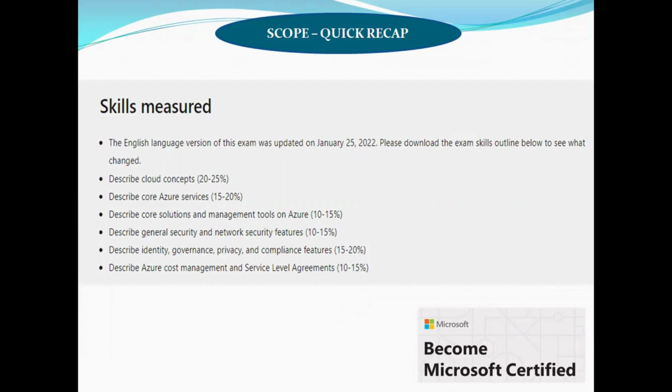Third chapter explains the core solutions and the management tools in Azure. Fourth chapter is General Security and Network Security Features. Fifth chapter is Identity, Governance, Privacy and Compliance Features. And the last chapter is Azure Cost Management and Service Level Agreements. And the weightage is given for each chapter as shown in the brackets.